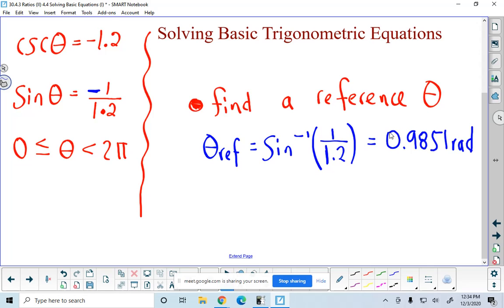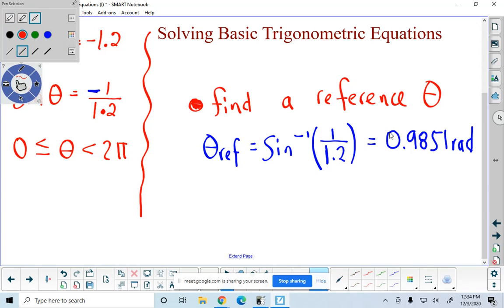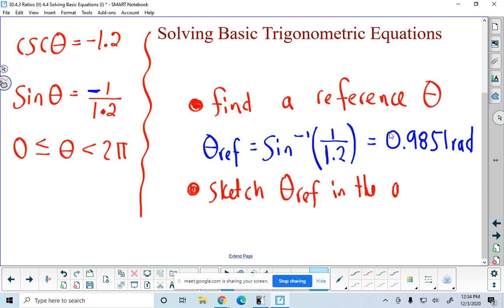Now on to the second step. The second step is to sketch the reference angle in what I will call the appropriate quadrants.